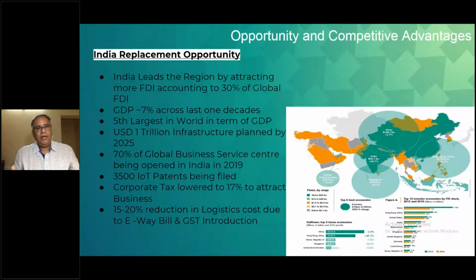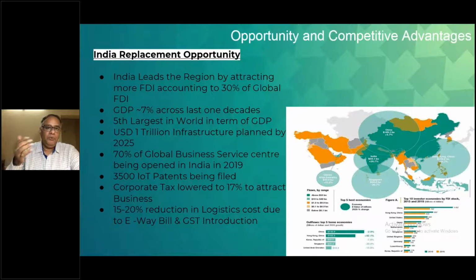In the last 2-3 years, because of various decisions like the implementation of lower corporate tax for multinational organizations, and the implementation of GST and e-bill, the logistics cost has been reduced. As you must know, India's logistics cost is close to around 13 to 14% of GDP, where the world standard is around 7% to 8%.